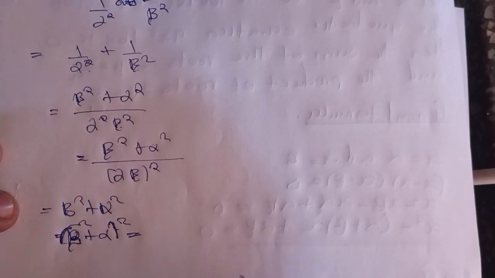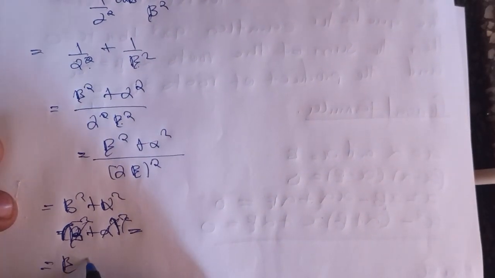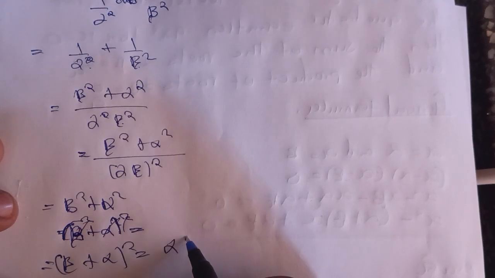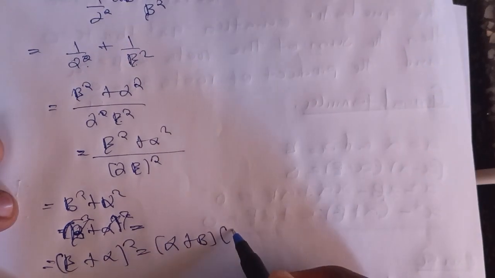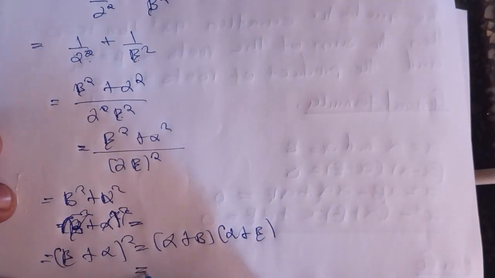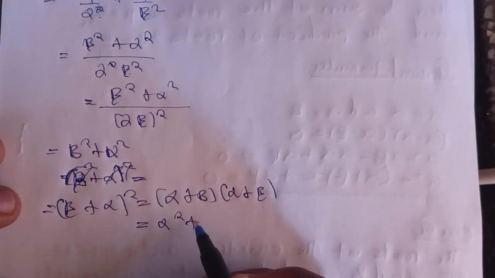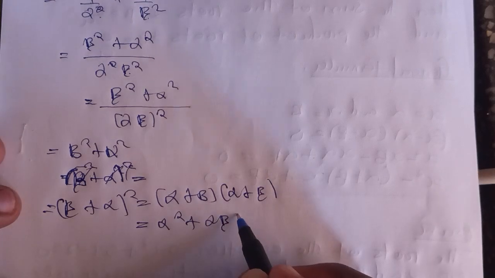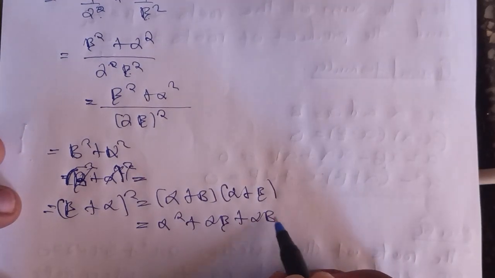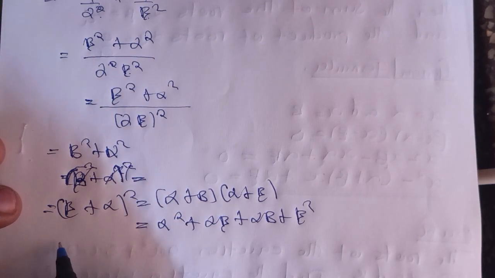So meaning that here it's beta plus alpha, then squared, and you're going to expand this. Expanding means we have alpha plus beta, then alpha plus beta, starting with just alpha. Then we are going to have alpha squared plus alpha beta, then plus alpha beta plus beta squared.